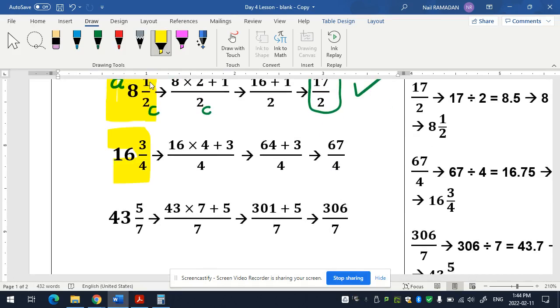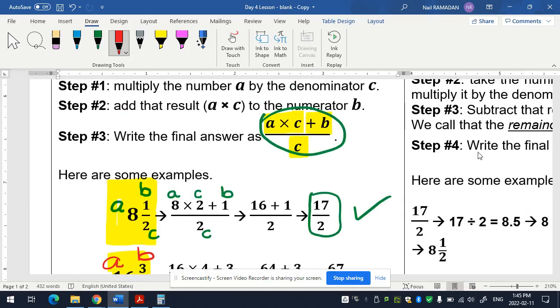How about here? Which one is my A? Which is what? 16. So everyone, A is 16. Which one is B? 3 is B, which only leaves C to be this one. Okay, let's look at the equation.